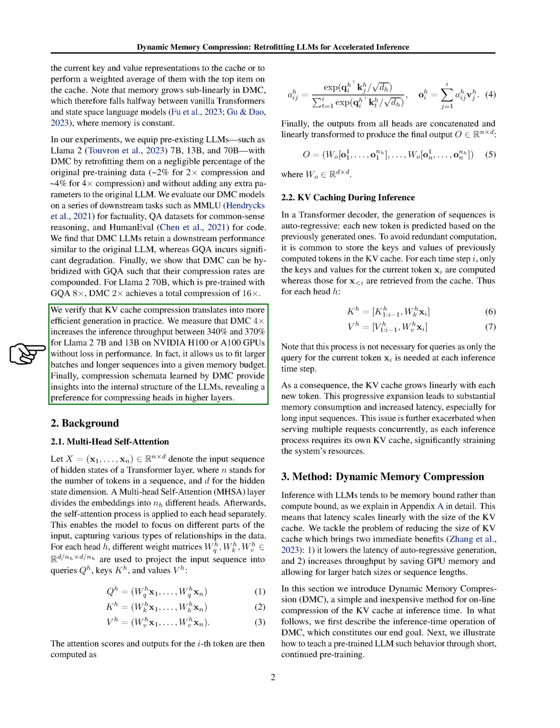DMC enhances generation efficiency practically, increasing inference throughput by 340% to 370% for Llama 2 7B and 13B on NVIDIA H100 or A100 GPUs without sacrificing performance. It allows larger batches and longer sequences within a given memory limit.